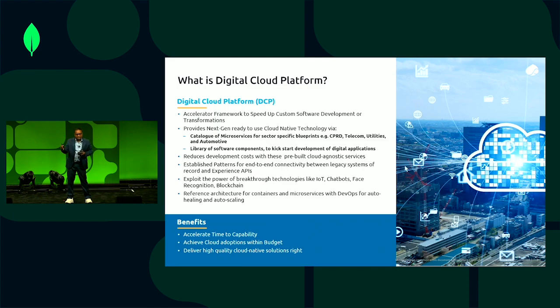Everything that you're doing in the digital cloud platform sits on top of any hyperscaler, or you can have your own private cloud as well. It's the same thing, right? So you can utilize that. There are also industry-wise use cases. Industry-specific leads can talk about that a little more, but there are industry use cases that are available by default that you can plug and play on the DCP.